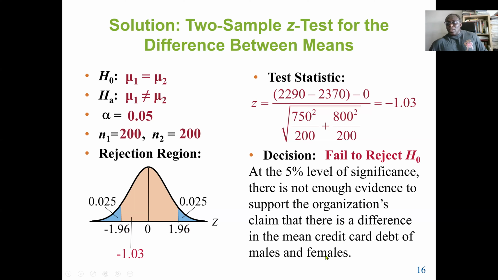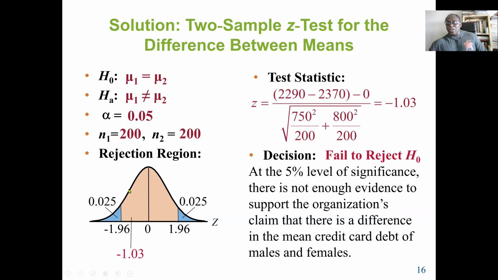Remember, in the question, they claim that there's a difference between the male and female credit. That's why our H0 said they are the same, and HA, the claim, said they are not the same. But based on the calculations we just did, the significance level was 0.05. We divide it into 2, 0.025 to the left and 0.025 to the right.